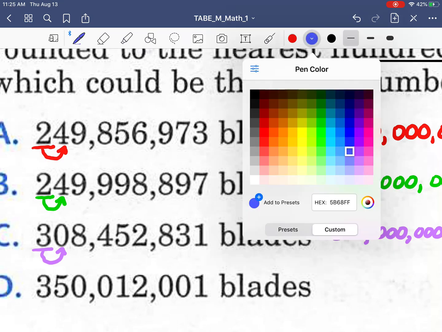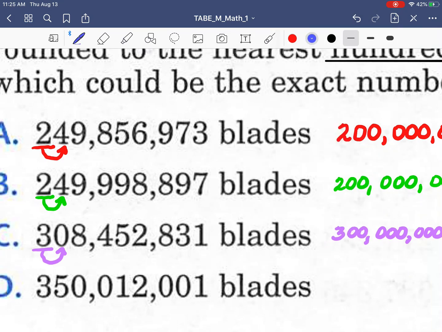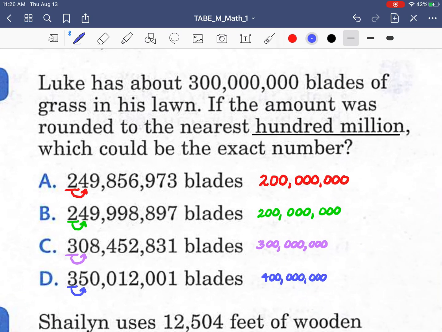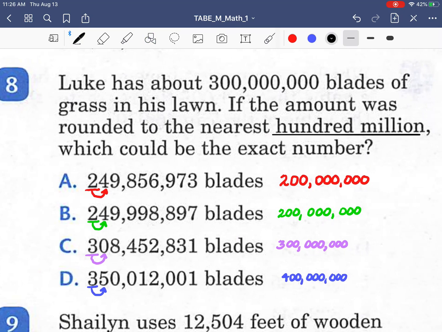And then finally, we have the 3, 5. So let's look at the 5, and that is in the roundup range. So this one would go up to 400 million. We're looking for the one that matches back to 300 million. So our answer for this question, number 8, is C.